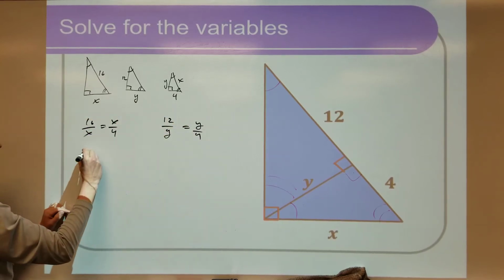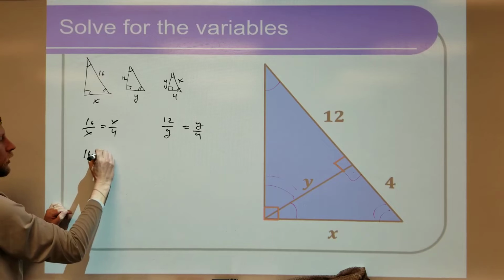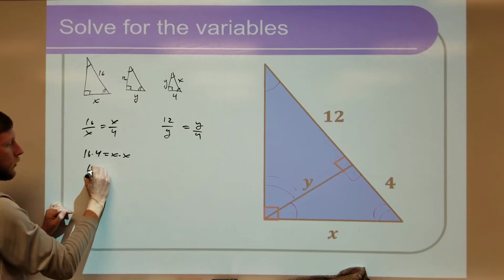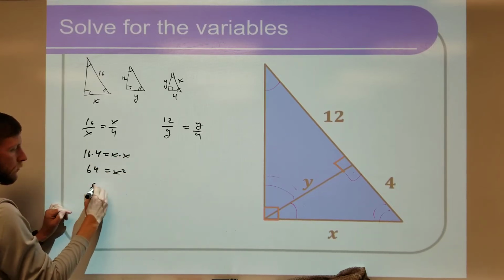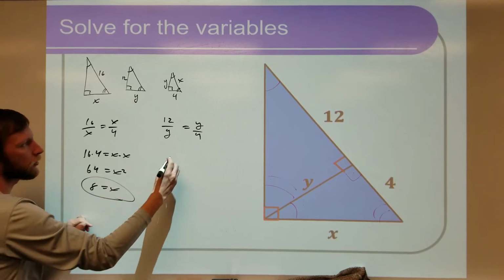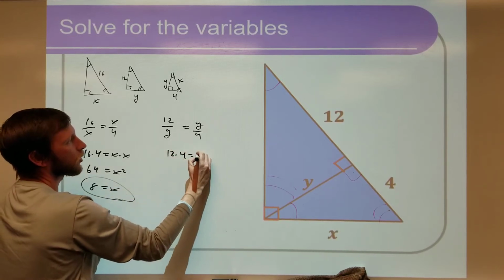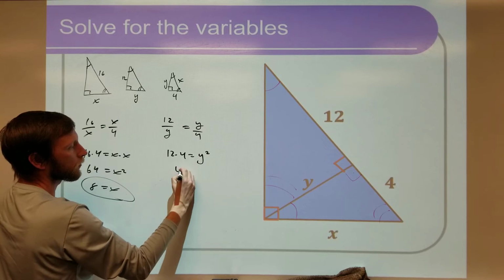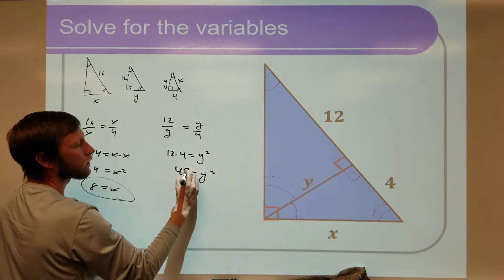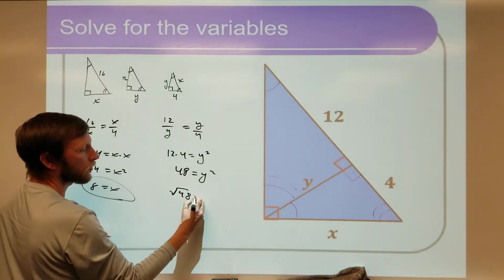Cross multiply and solve. 16 times 4 is equal to x times x. Take the square root on both sides. 12 times 4 equals y times y. Take the square root on both sides.